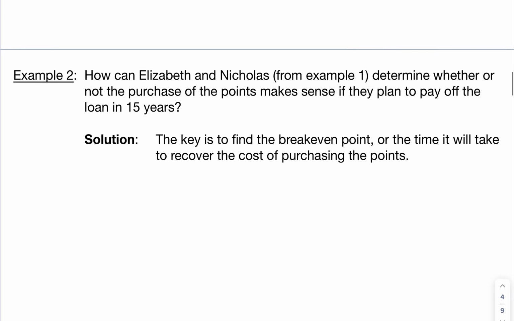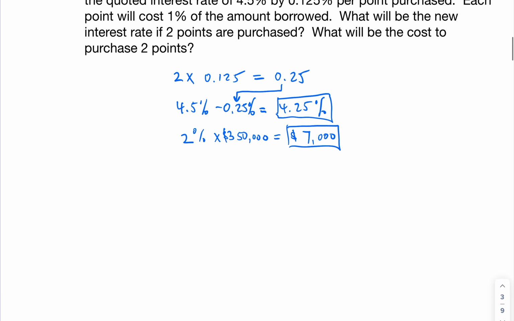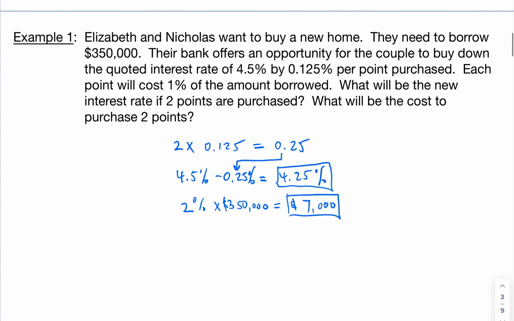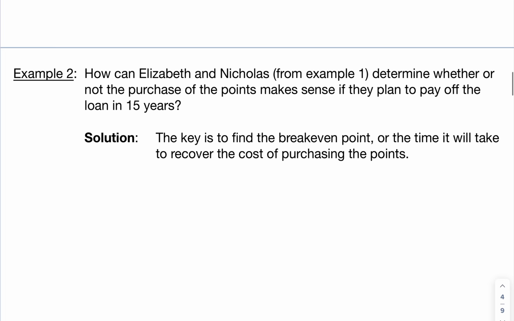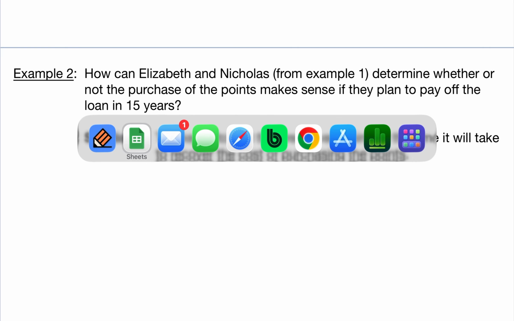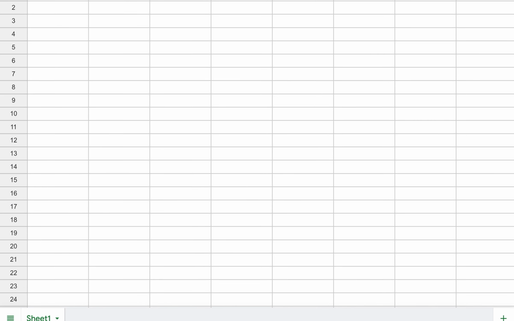Okay, now going back to example 1, remember that the loan amount is $350,000, and without buying it down, the rate is 4.5%, and they're going to want to do this in 15 years. So let's go ahead to the spreadsheet and crunch those numbers.